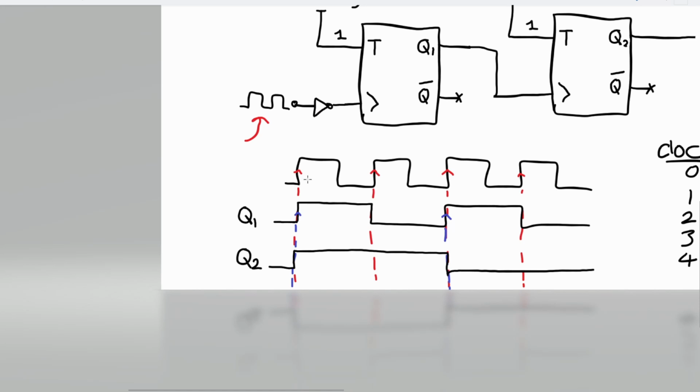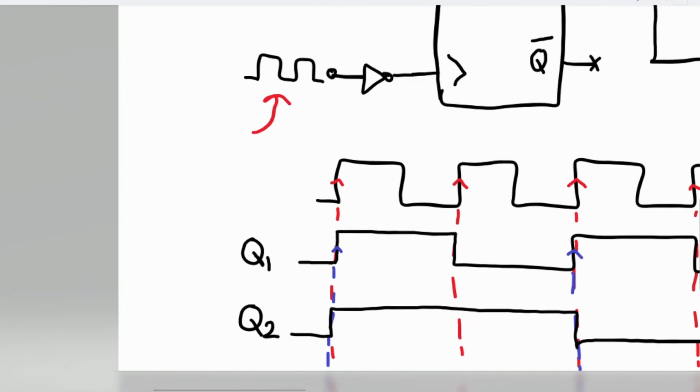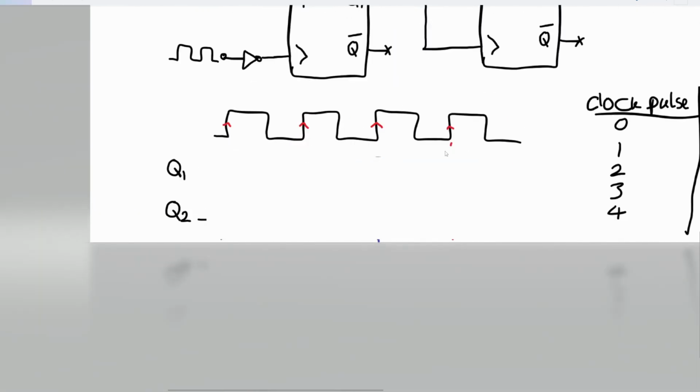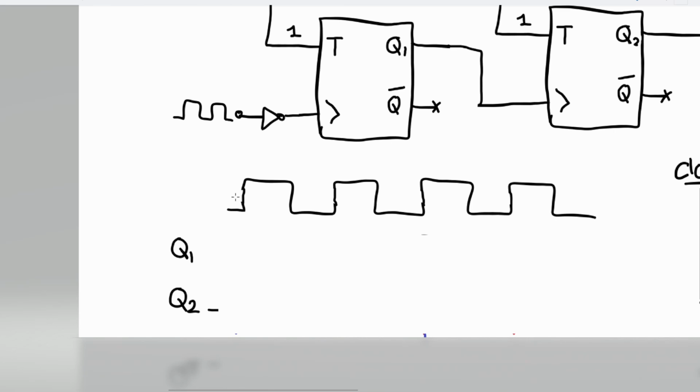So we don't actually have to redraw this timing diagram. What we can do is, if I just rub all this out, since all of the rising edges on this clock are going to be the inverse of this wave, we can just mark the falling edges on here.